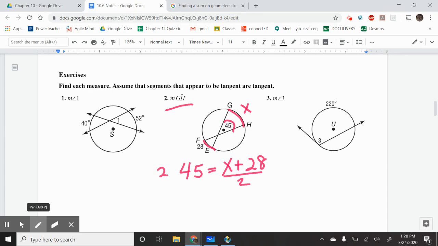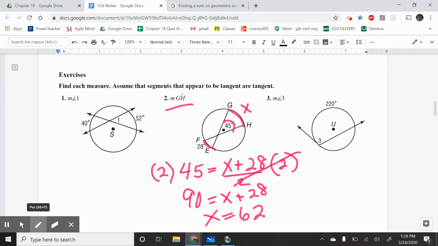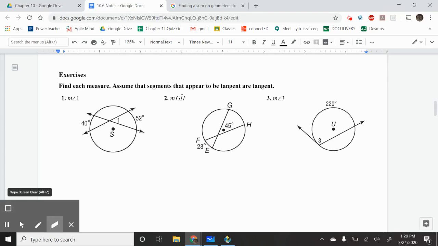Now we're going to multiply each side by 2. Cancel over here. We've got 90 equals x plus 28. Subtract 28 from each side, and x is equal to 62 degrees. Another way to do this is we know that these are vertical angles and both of them are 45 degrees.